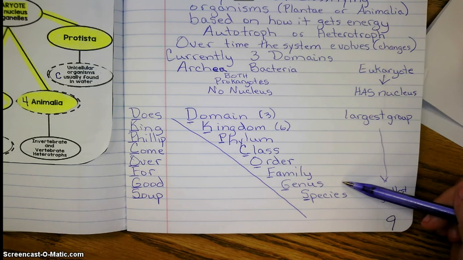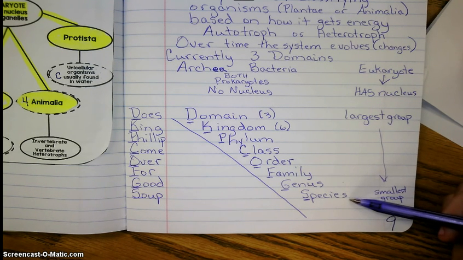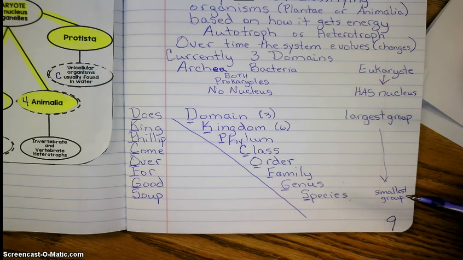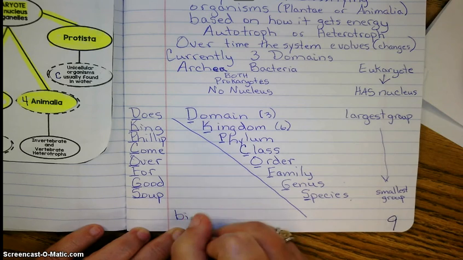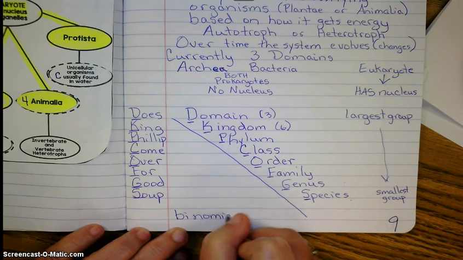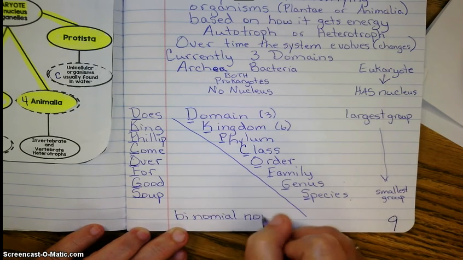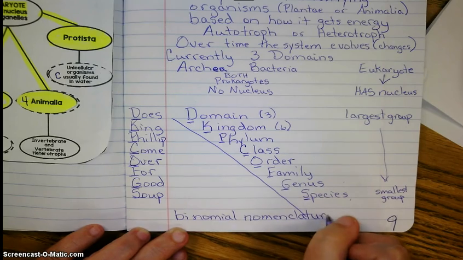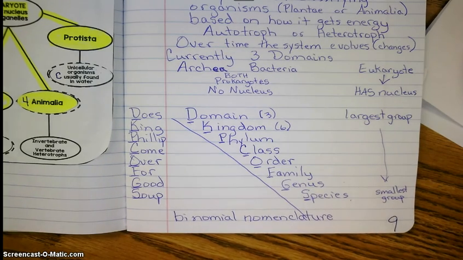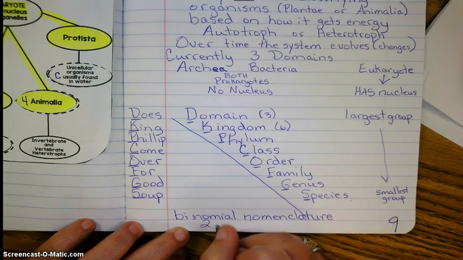Now, when we talk about genus and species, for example, for a human, our genus is Homo and our species is sapiens. We're Homo sapiens. That is our scientific name. We say that is called binomial nomenclature, which is a fancy word to say two-part name, okay?